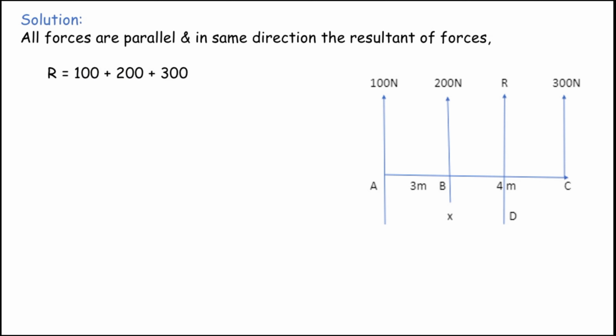Resultant equal to 100 plus 200 plus 300, that is resultant equal to 600 Newton. All the forces are added, so we get the resultant of the force in like parallel forces.